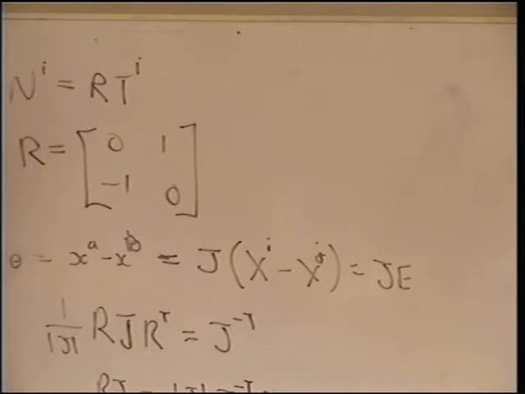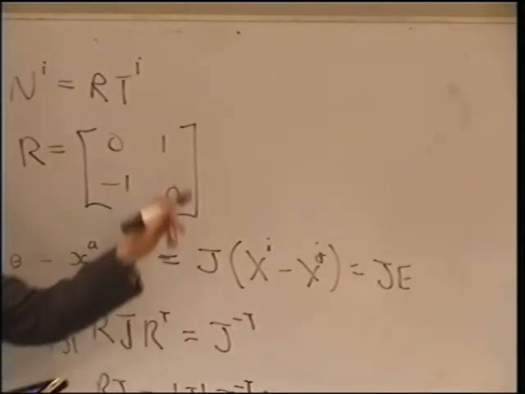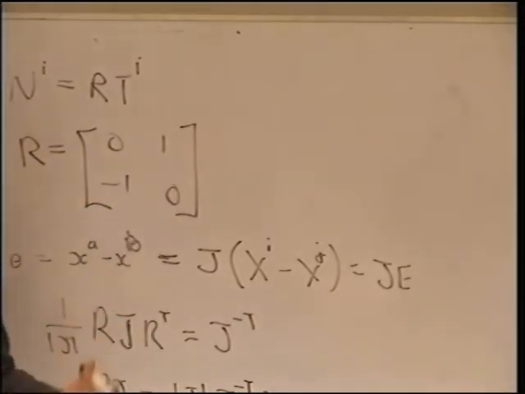Minus T transposes the inverse. You can write it as minus 1 brackets T if you want; it's just a notational convenience.